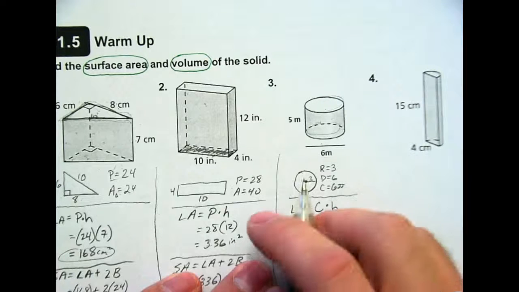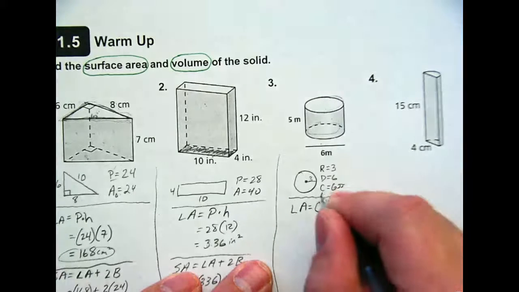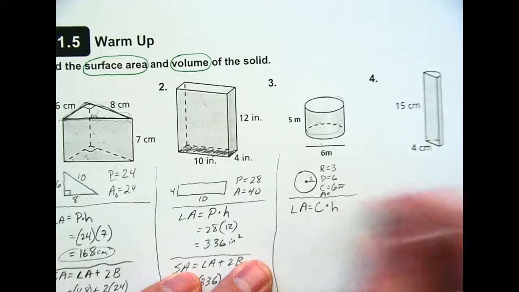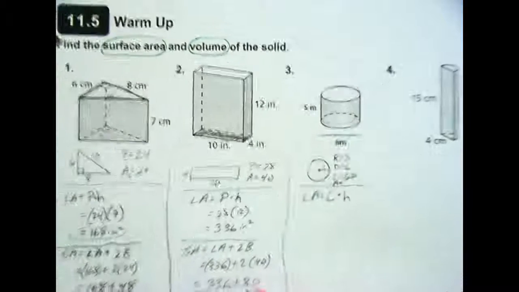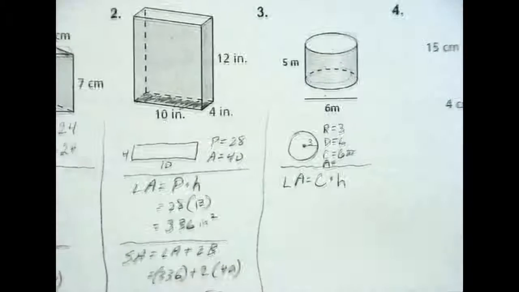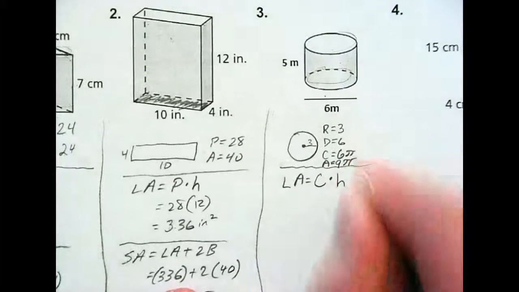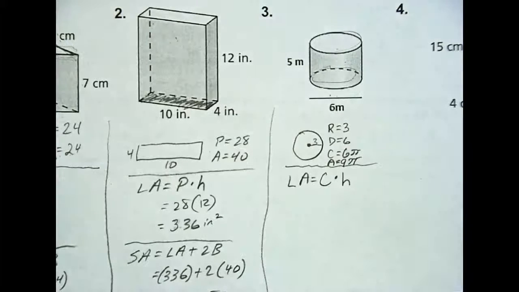Okay, and then I like to list the area. And the area is pi r squared, so in this case it's 9 pi. So I quickly have all the measurements that I'll probably use there.